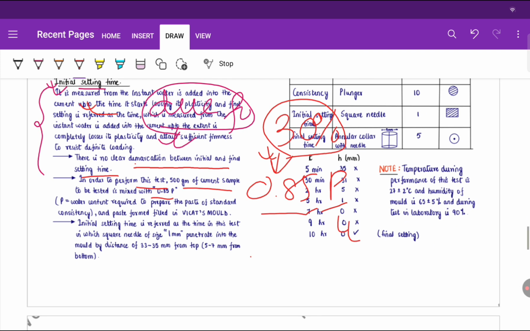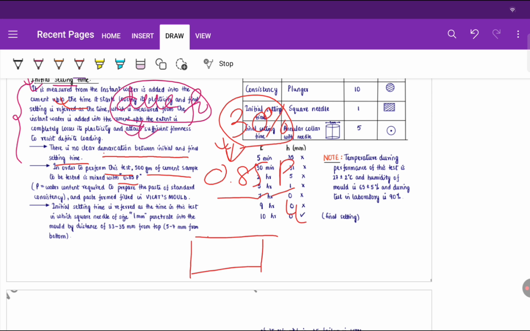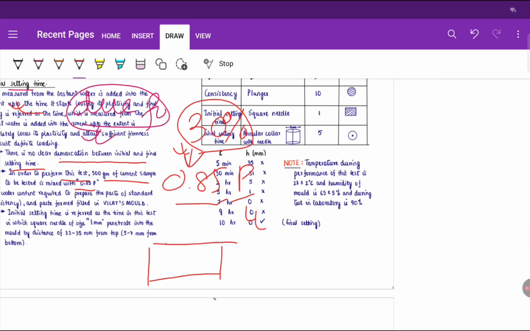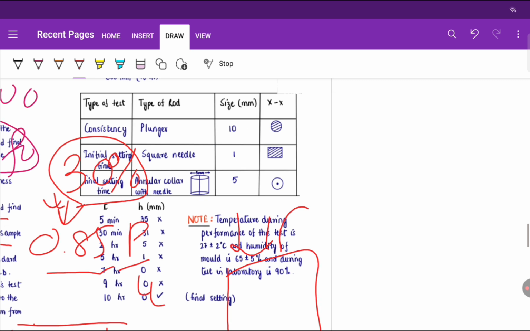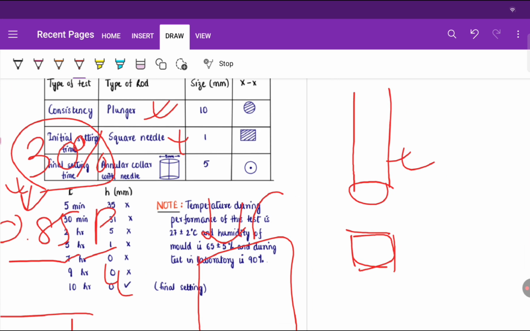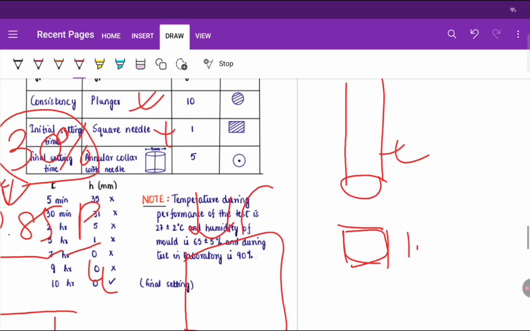Then we'll make the cement sample, and then we'll fill the mold, right? Then we will replace that plunger with a square needle. There is a plunger first of all, right? So we'll replace that and fit a square needle. The cross section will be square, and this cross section area is 1 mm square.